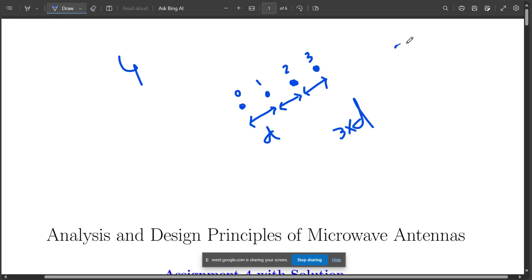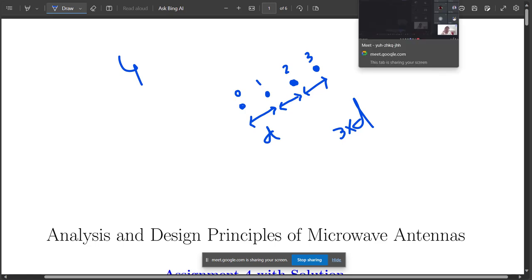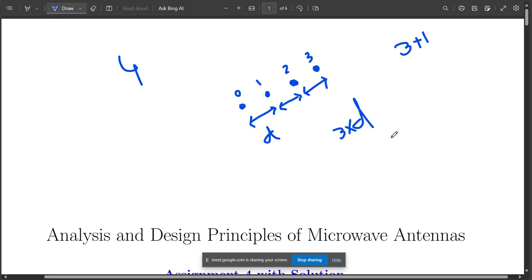Total number of elements are 3 plus 1. Are you getting the idea of what I'm trying to tell you? Yes, madam. You can use different variables.